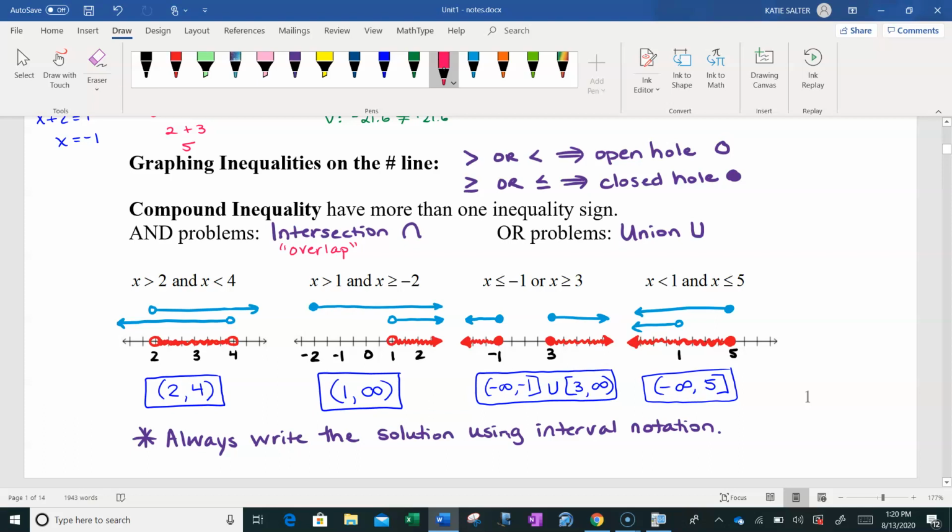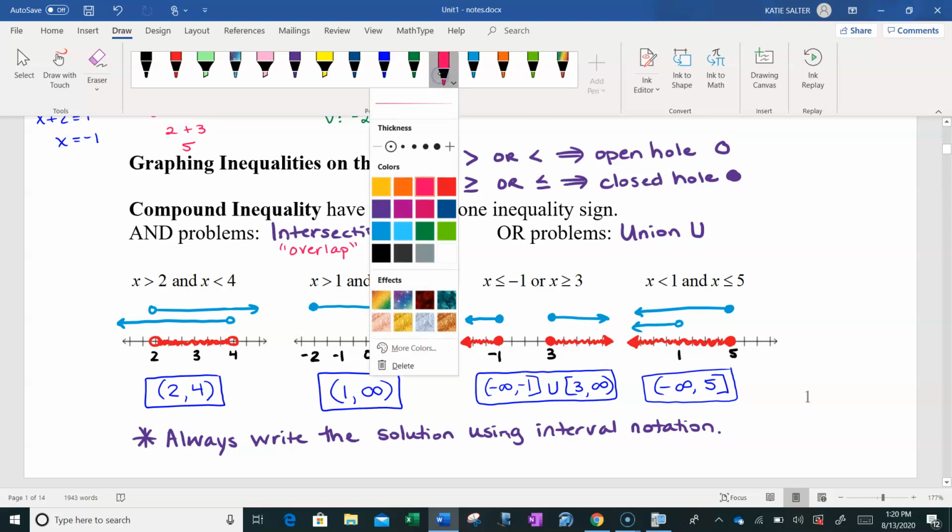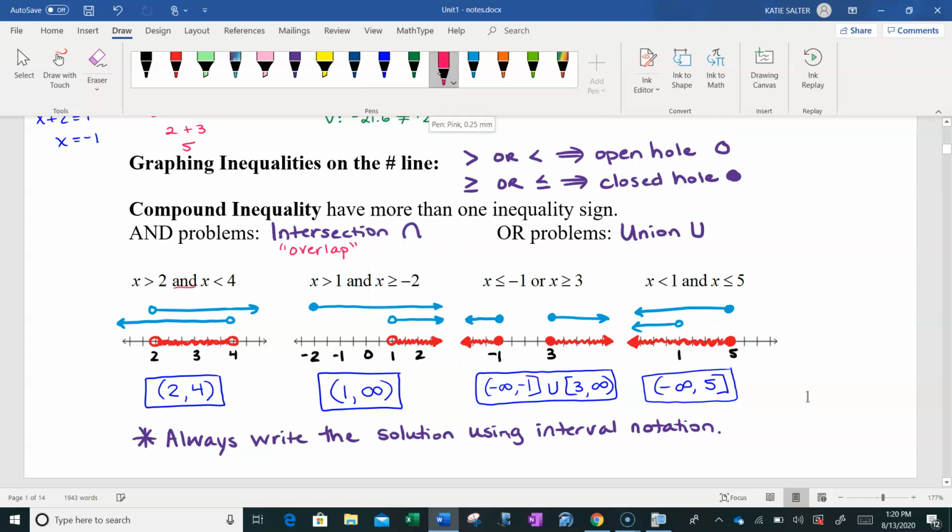Remember, when you use interval notation, when it's not equal to, we use a parenthesis. If it's equal to, we use a bracket. So we have the solution from 2 to 4. The next one's also an AND problem, but in this case, they don't go in opposite directions, they go in the same direction. Remember, because it's an AND problem, we are only looking for the intersection of the two.